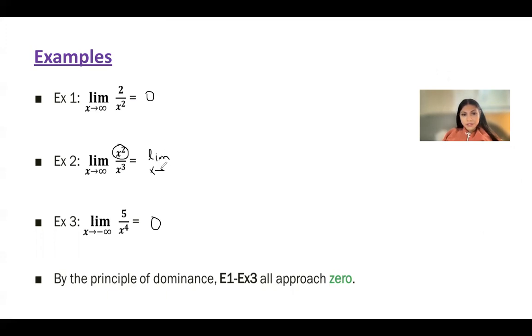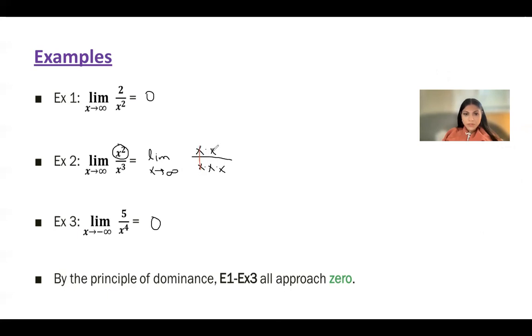So limit as x approaches, see, it's been a while, y'all. Anyways, so x squared is the same thing as writing x times x. And then x to the third is the same thing as writing x times x times x. And let's go ahead and simplify.